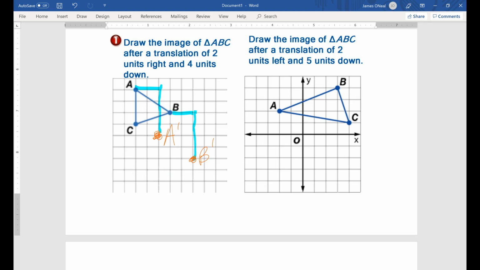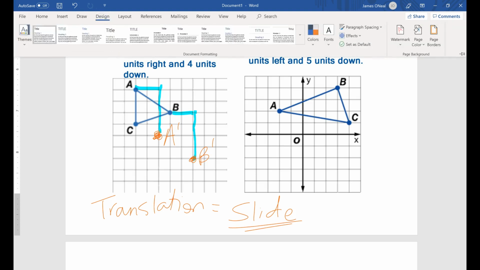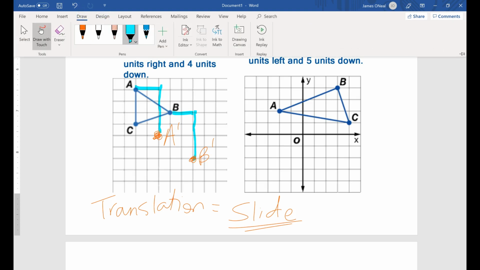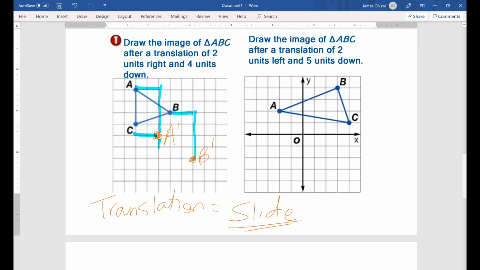What do translations do? Translation, you write this down, means to slide. That's all we're doing. Slide. And then we're going to take C. C is going to the right, and then 4 down: 1, 2, 3, 4.